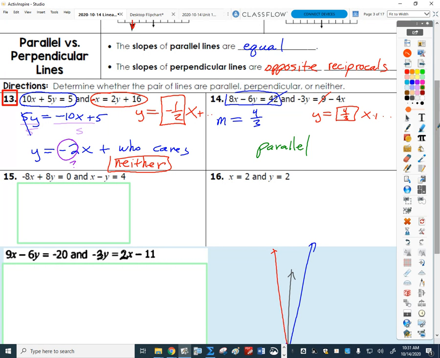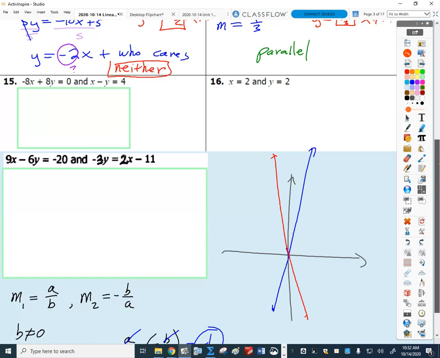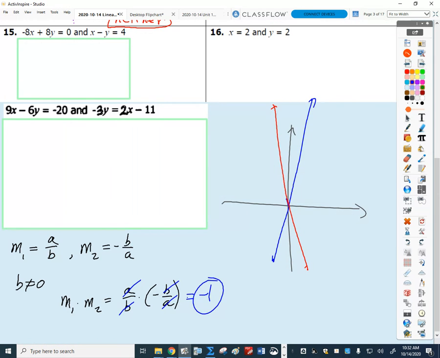And then if we look at something like this guy down here, this is my blue line, and this is my red line. If I isolate the y up here, what's the blue slope going to be, Andrew Saxton? I don't care about that, do I? Oh, for that one? Yep. Change that.